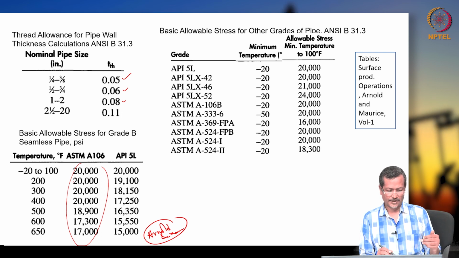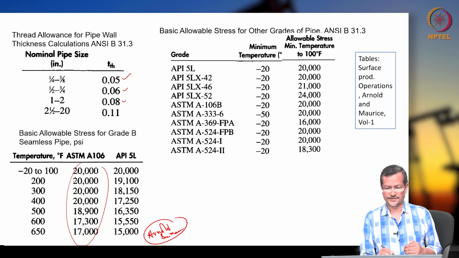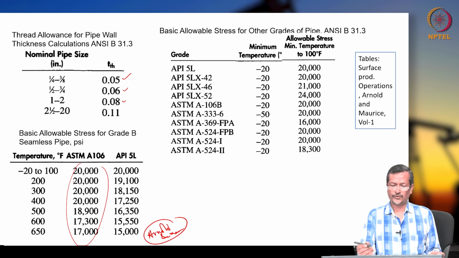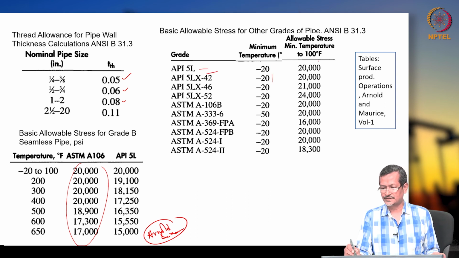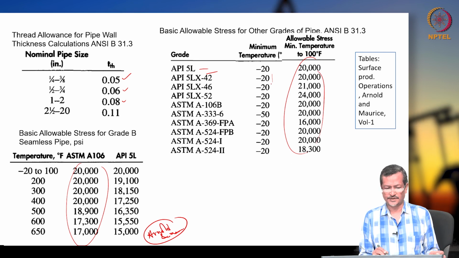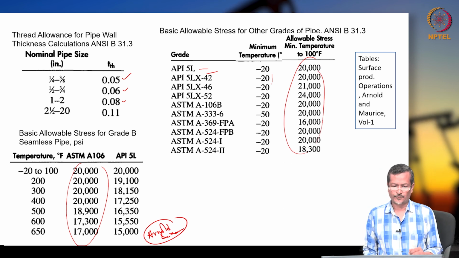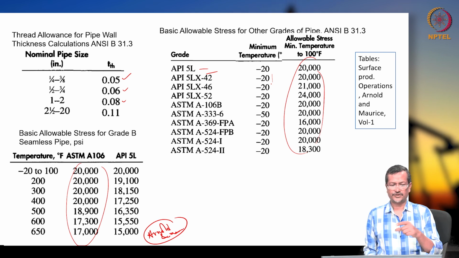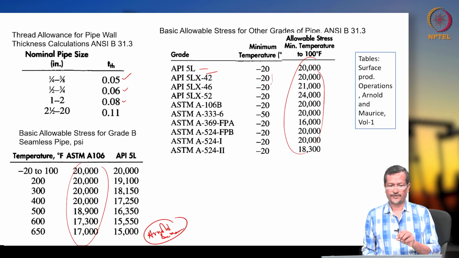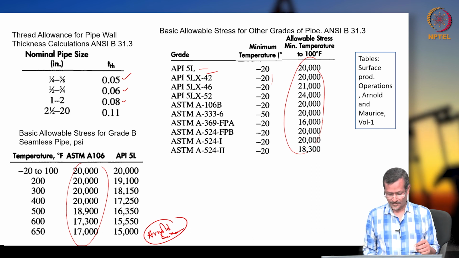So if you increase the temperature, the allowable value decreases. And if you know the API grade, you can see from this table how the allowable stress changes with grade and temperature. In a problem, if I do not give data, sometimes I will give tables. From the table you have to identify which value you need for your allowable stress or TH.